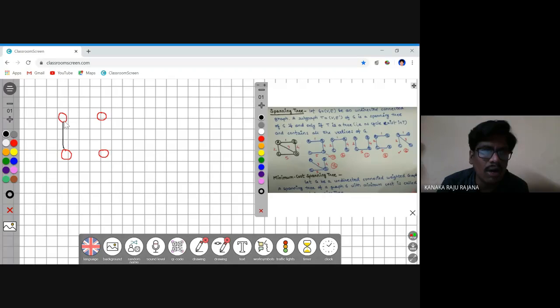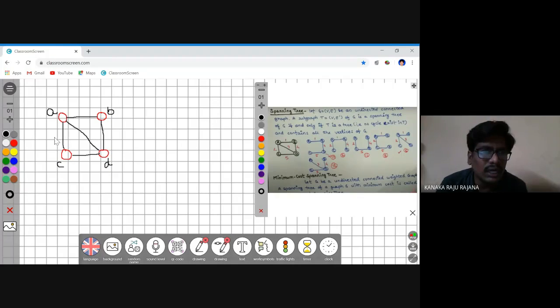Those are called the vertices of a given graph, and these are called the edges of a given graph. Let us consider a simple graph with their respective weights also. This is a node named A, this is a node named B, this is a node named C, this is a node named D.